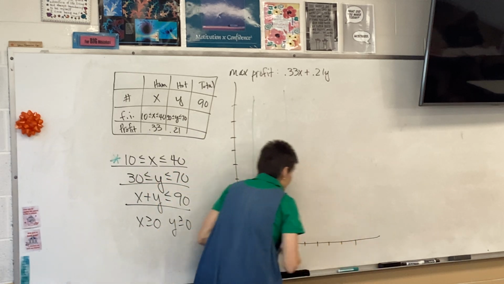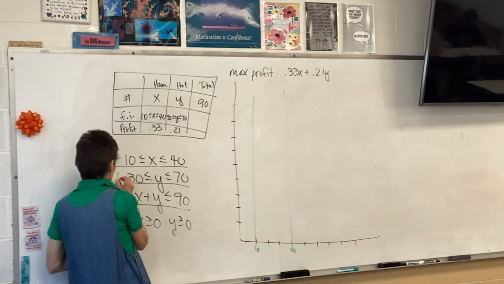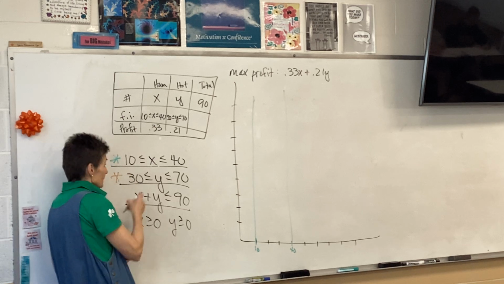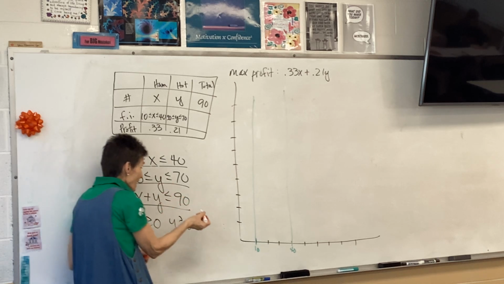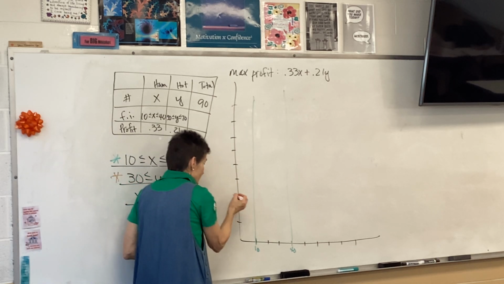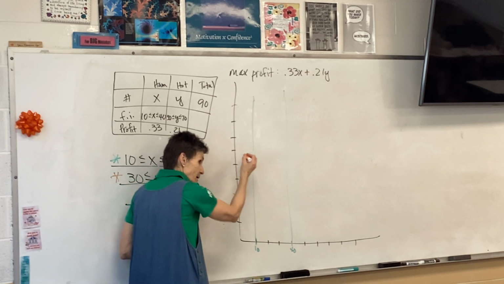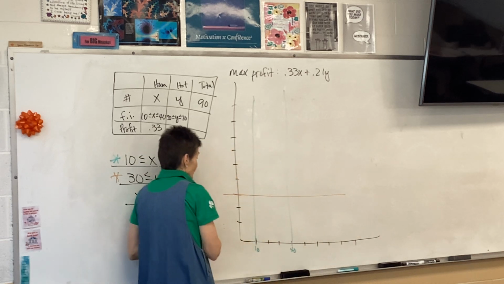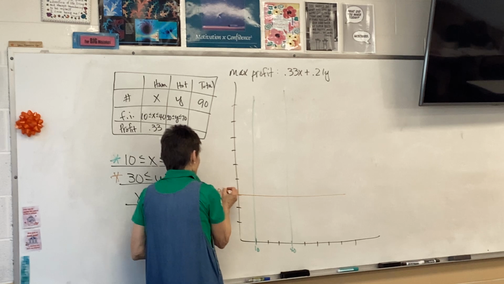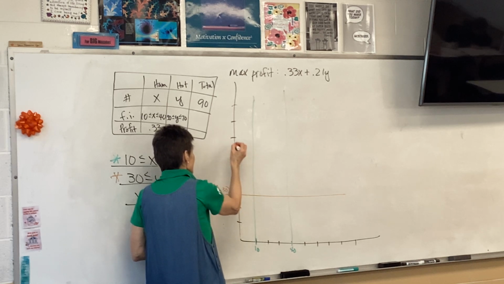Now with my orange marker, I'm going to do this one. Now that's a Y. So I'm going to count up my Y-axis to 30, 40, 50, 60, 70. See how these hash marks go this way? So when I extend it, it goes that way.